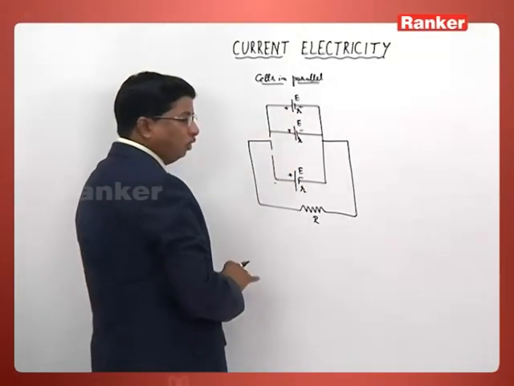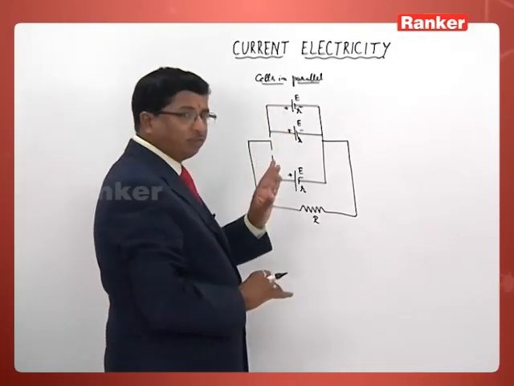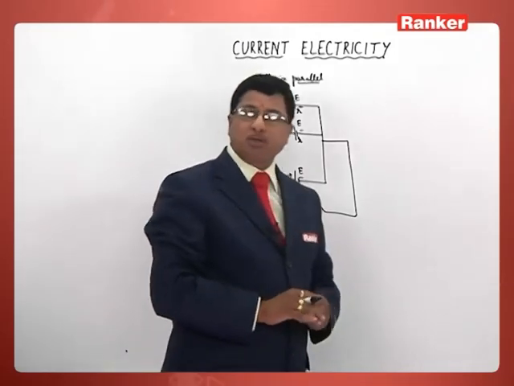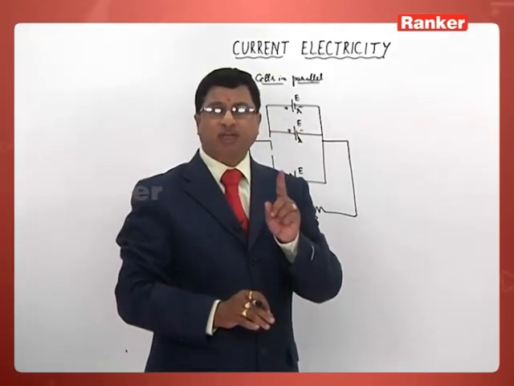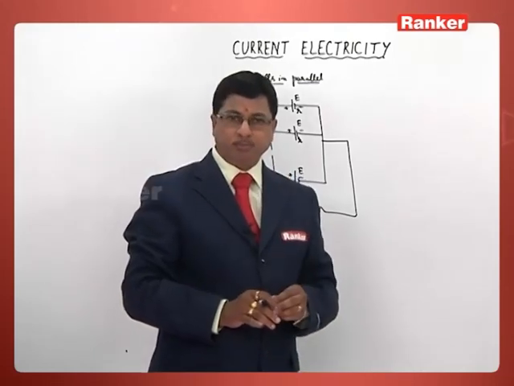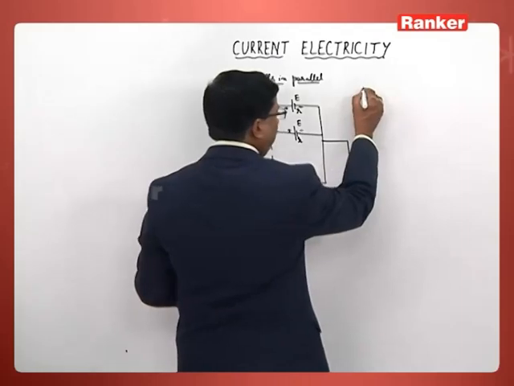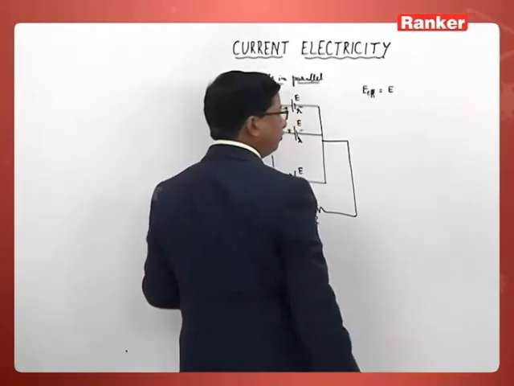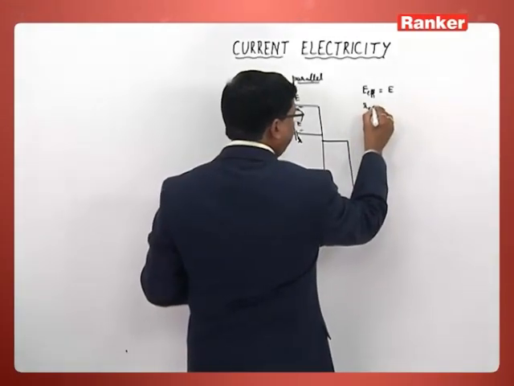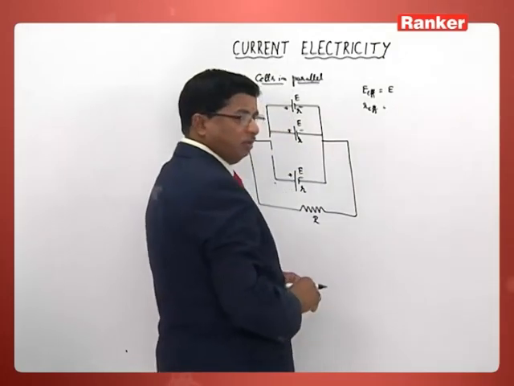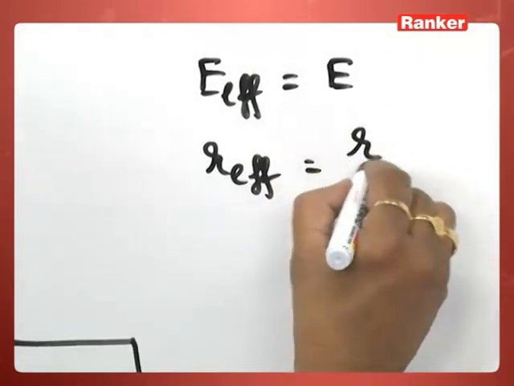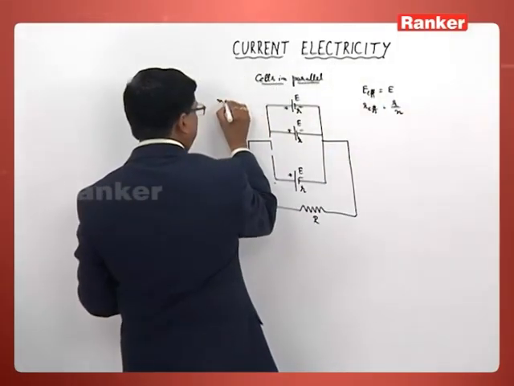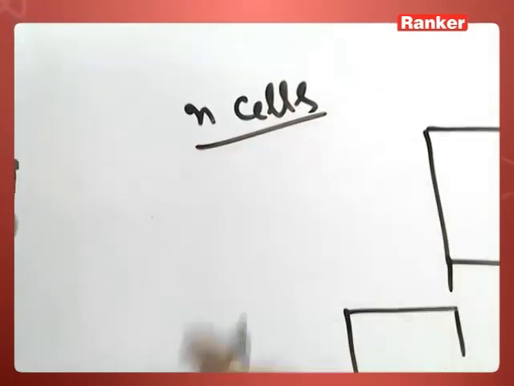Now in such case, we all know all these cells which are connected in parallel, their effective EMF is going to be equal to the EMF of an individual cell out of them. So we can now write here the effective EMF now becomes E, whereas effective internal resistance now becomes r by n. What for we are taking up n here, you can understand. n cells, I am connecting them in parallel.